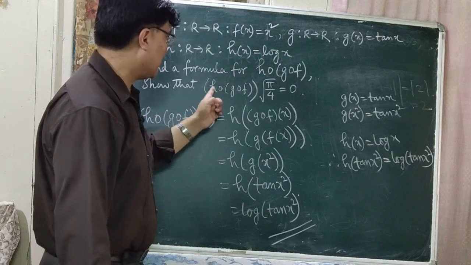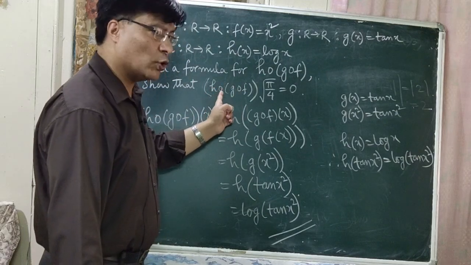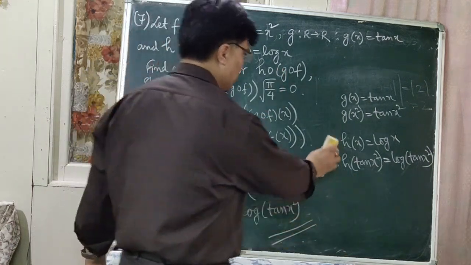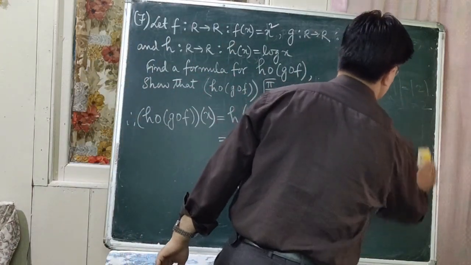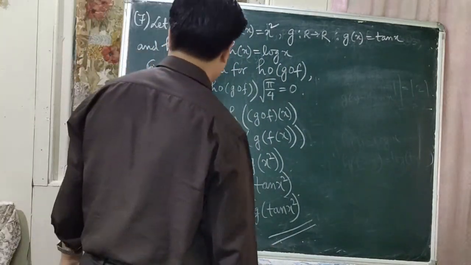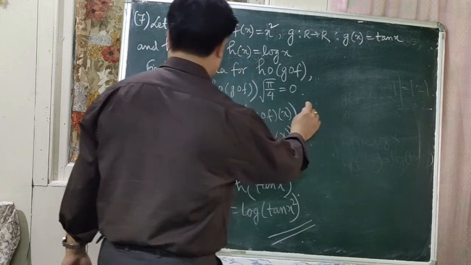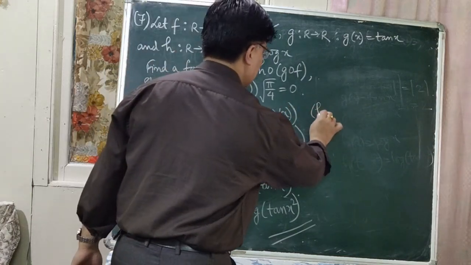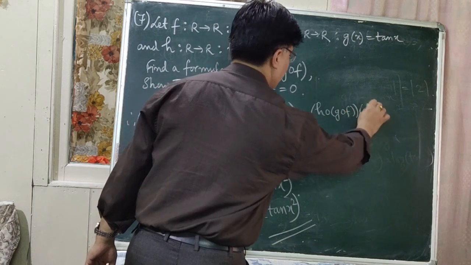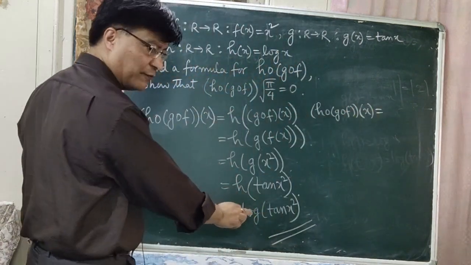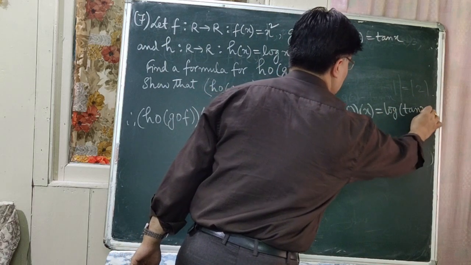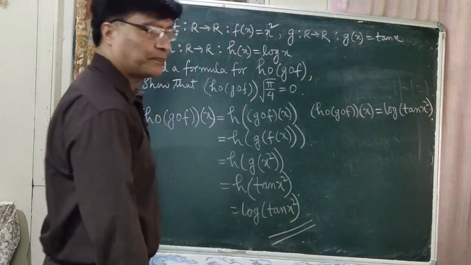Now we have to get the value for HOGOF of root over pi by 4 is equal to 0, right? So let us find it now. Just now we proved that HOGOF of X is equal to log of within bracket tan X square.